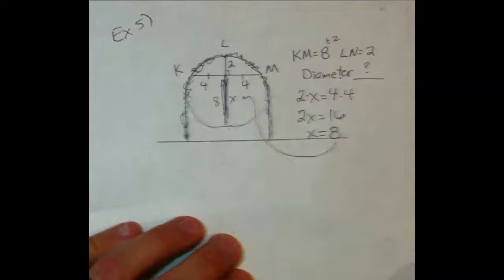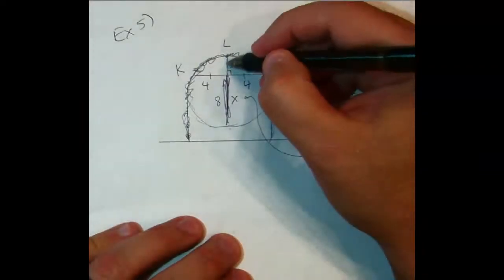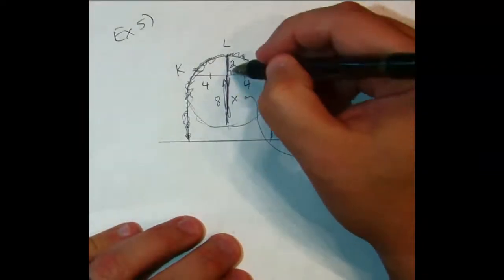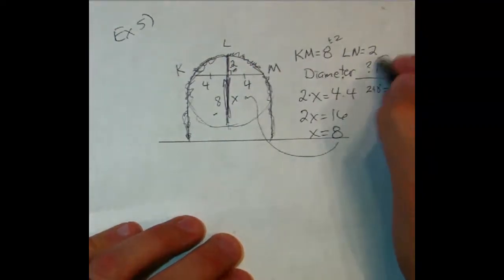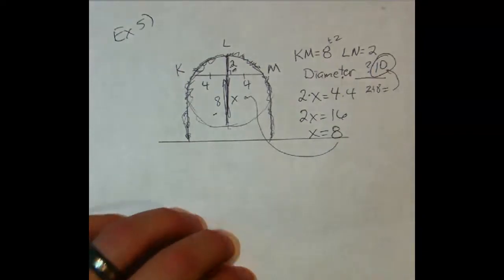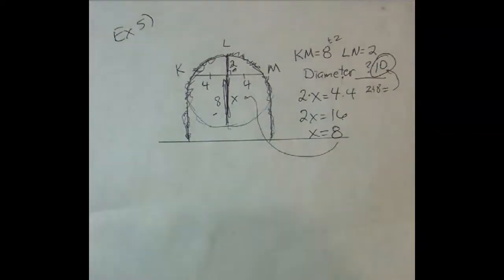What's the diameter? Diameter is from L all the way down. So you're going to have to add the 2 plus the 8, which gives you 10. Please be careful with this one. It's not asking for the radius. This one's asking for the diameter.